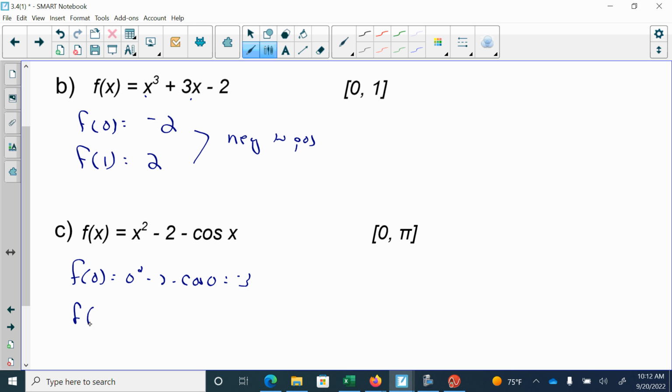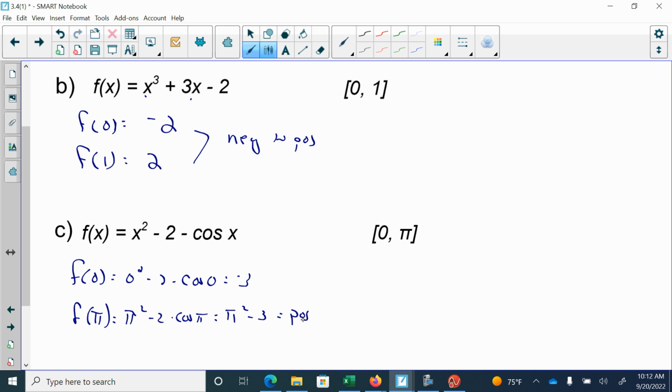And then f of pi, oh, I like pi. I have no idea what pi squared is. 8.87. Well, this is negative 1, right? So I'm going to end up with pi squared minus 3. Yeah, I agree, because this has to be 9 point something, so this will be positive.